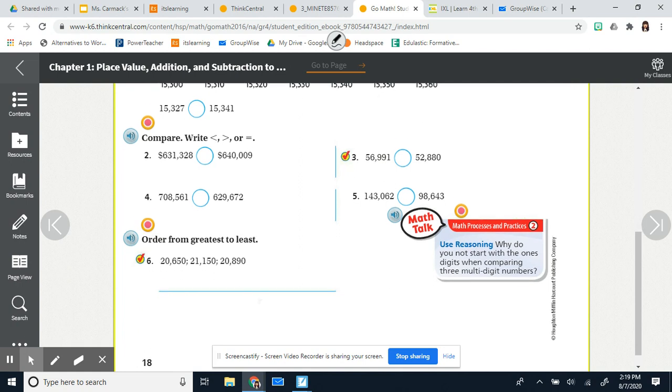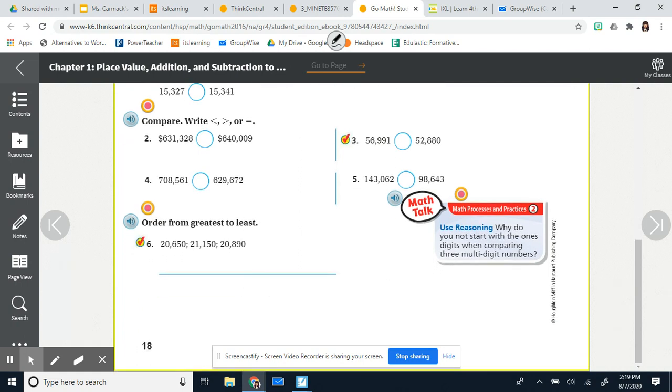Now, some of your problems on your independent work are going to look like this. They're going to want you to order from greatest to least. So we're going to do this one together just as an example. And most of the time you will get at least 3 digits to order. So just looking at this right away, I have 20,650 and 21,150 and 20,890.